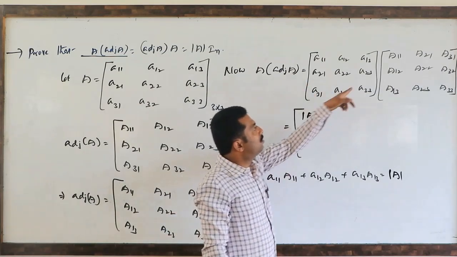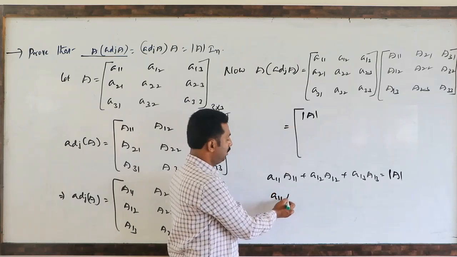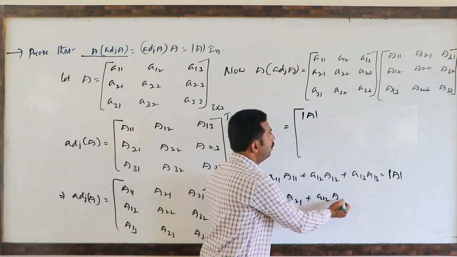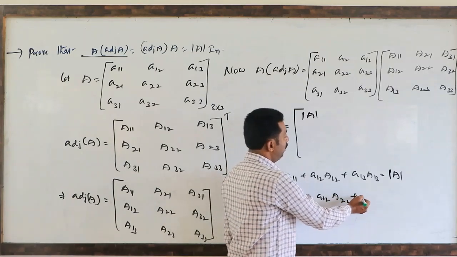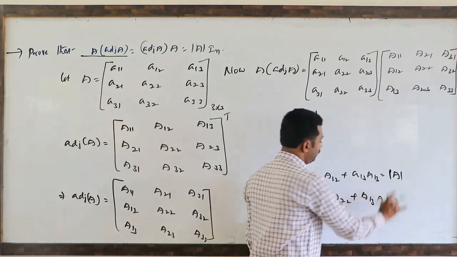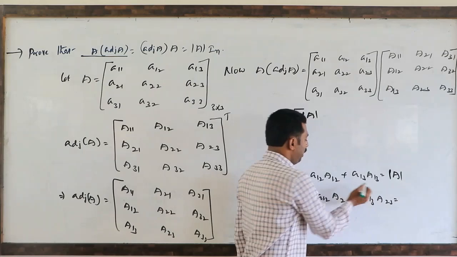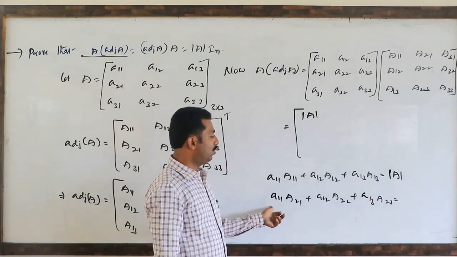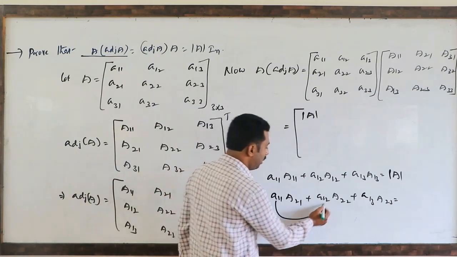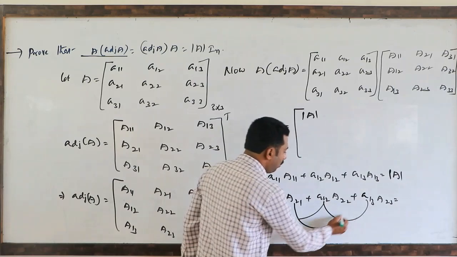Next, first row, second column. First row elements a11, a12, a13 multiplied with A21, A22, A23. Here the elements are from the first row and the cofactors are from the second row.